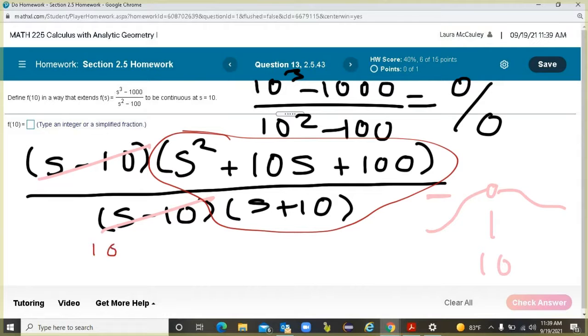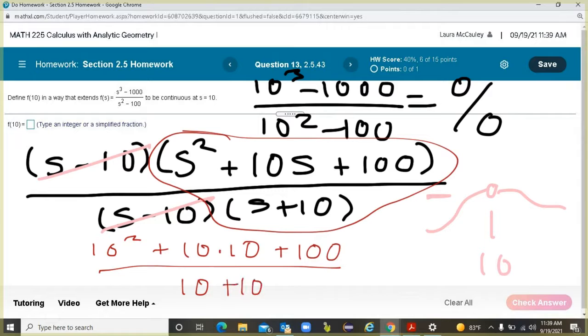Okay, we get 10 squared. See if I got my arithmetic down this time. 10 times 10, and then plus 100, divided by 10 plus 10. So that's 100 plus 100 plus 100, which is 300. 10 plus 10 is 20, and that is 15, which means this hole right here is at 15.